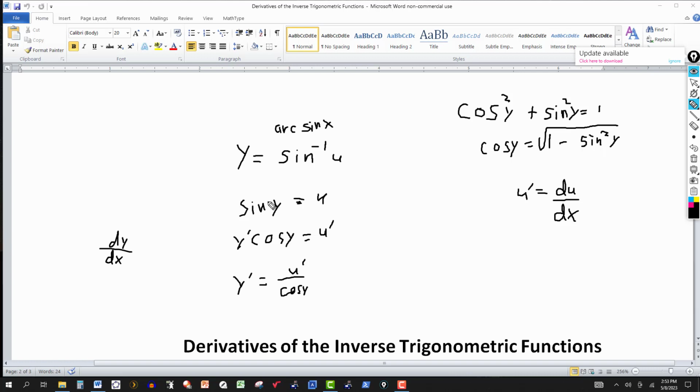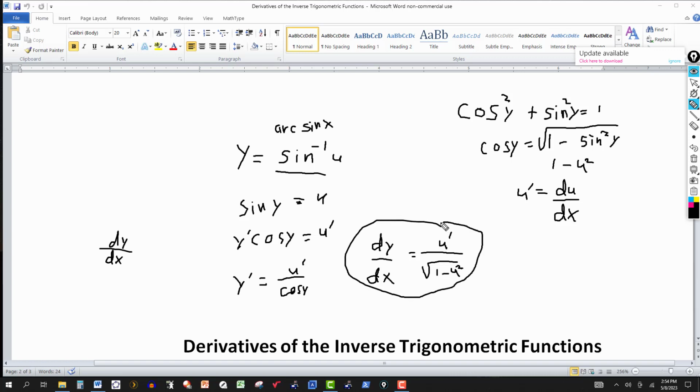And keep in mind that sine of y is u, so this is just 1 minus u squared under the radical. So this tells me the derivative with respect to x of y, which is of course sine inverse of u, equals u prime over the square root of 1 minus u squared. And again, u prime is du over dx.